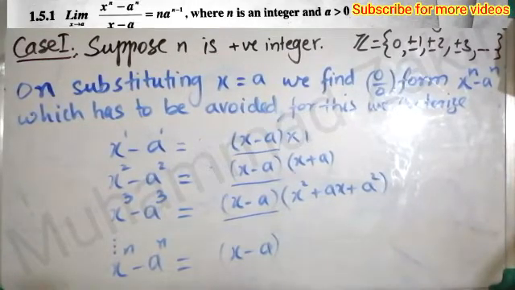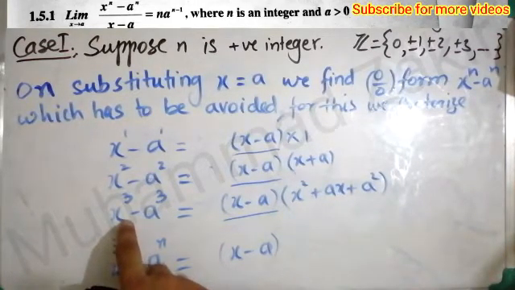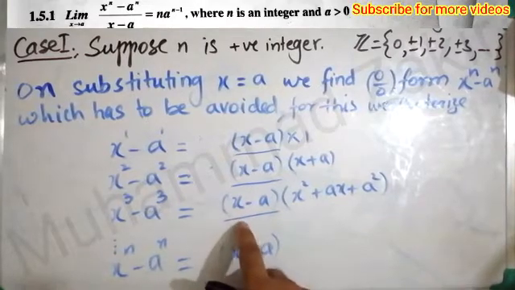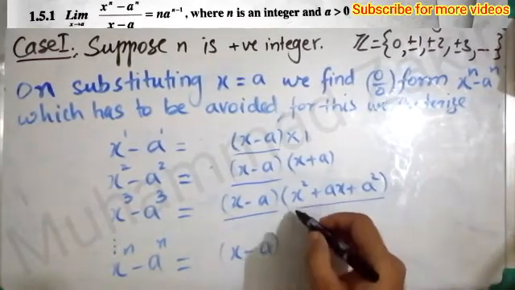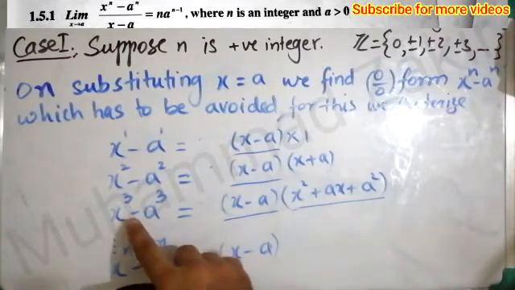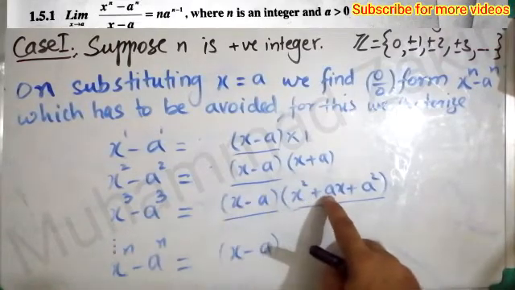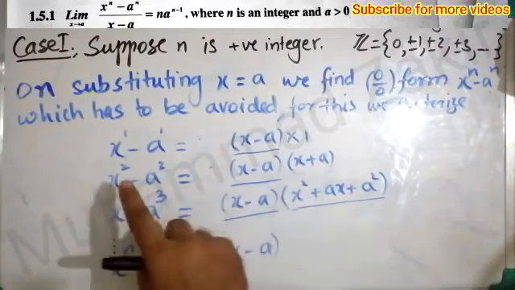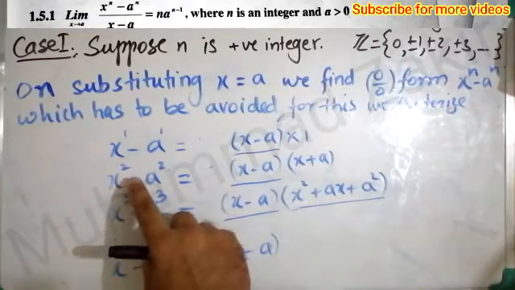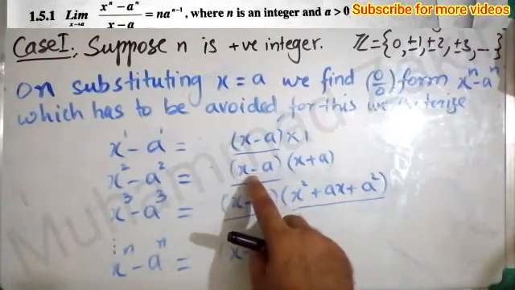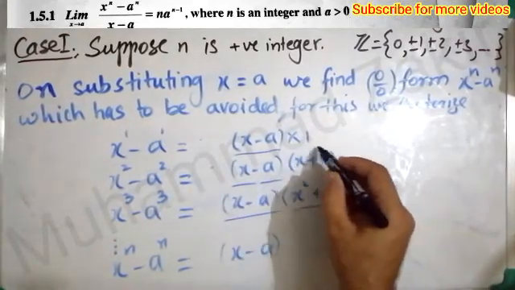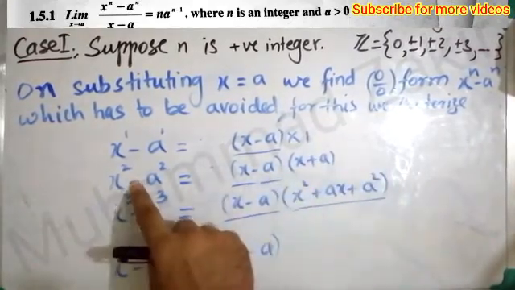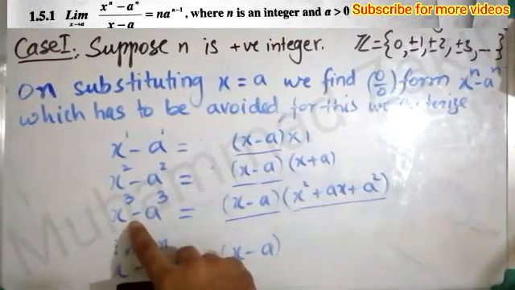You know that if power is 3 and x minus a is 1 factor, then the other factor has 1 less degree than given. Given is cube, this has 2 degree, 1 less than that. It is x square plus ax plus a square. If we separate x minus a from it, the other has 1 degree less than this. It has 2, it has 1, it has 3.